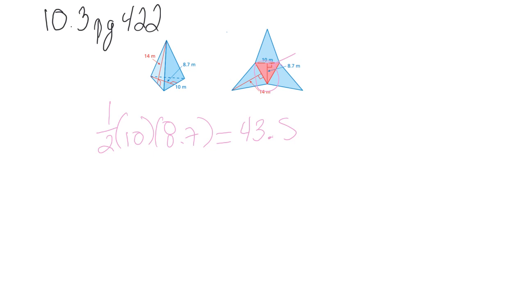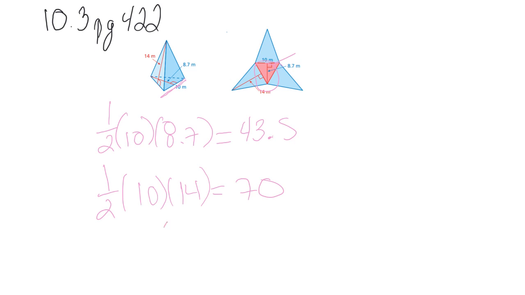Now let's find the area of the sides. Same thing, they're triangles, so it's going to be 1/2 times the base for these guys is also 10. But the height for those triangles is 14 meters. And we're going to end up with the area of 70 on the sides. This time, though, we don't have 4 sides, we have 3.